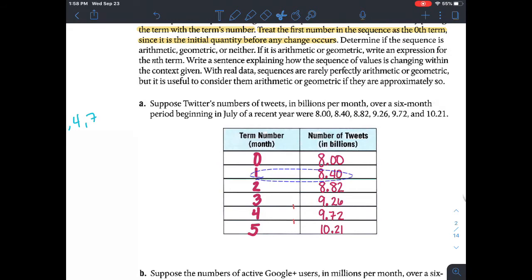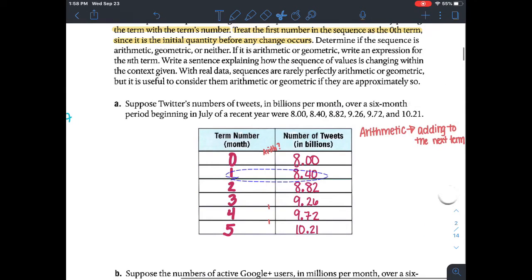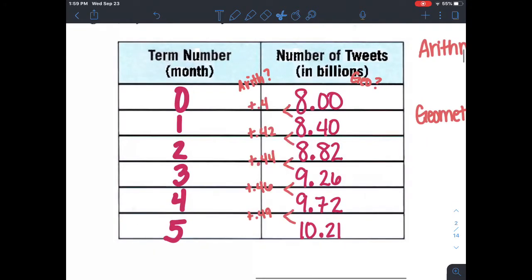Now we need to determine whether it's arithmetic, which is adding to the next term. So we're going to add the same number or approximately the same number from one term to get to the next term, and that same number adding throughout. Or it could be geometric, which is multiplying to get to the next term. So what we do to find if it's arithmetic is we're actually going to take the first term minus the 0th term, the second term minus the first term to see what the difference between them is.